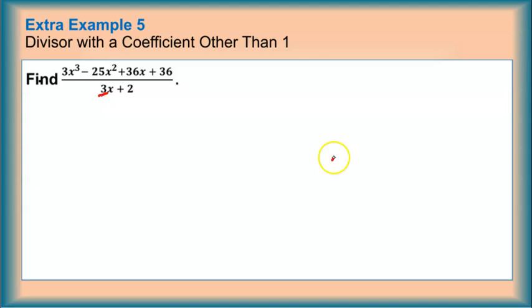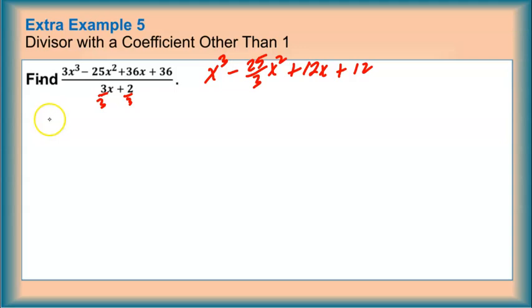So if I do the top by 3, that'll give me x cubed minus 25 thirds x squared plus 36 divided by 3, that'd be 12x plus 12. And then if I divide both of these terms by 3, I now have x plus 2/3.